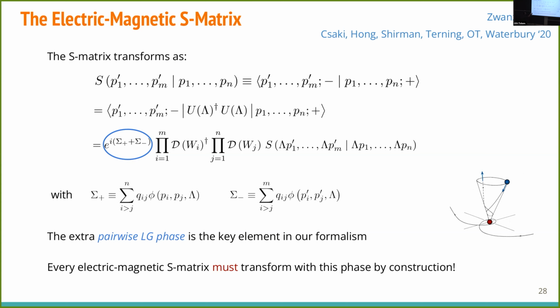From the transformation rule of these states, we know that the S matrix incurs these single particle little group factors associated with the individual particles here. And there's also a sum, separately over all in states and out states, which is the sum over the pairwise helicities and the little group phases associated with it.